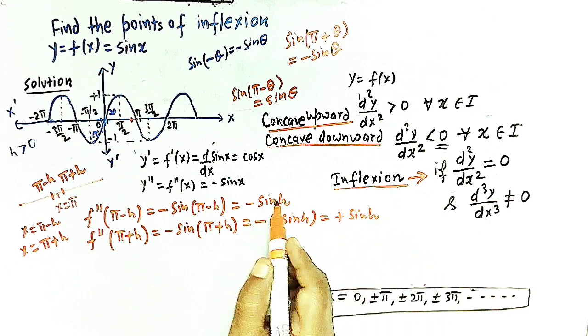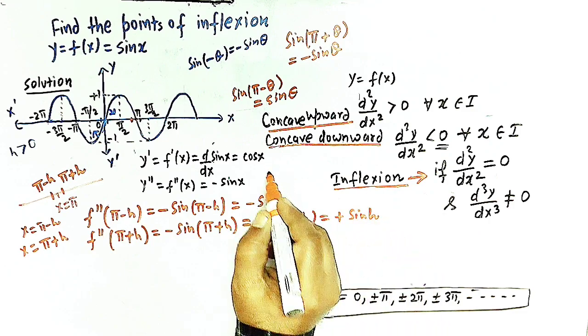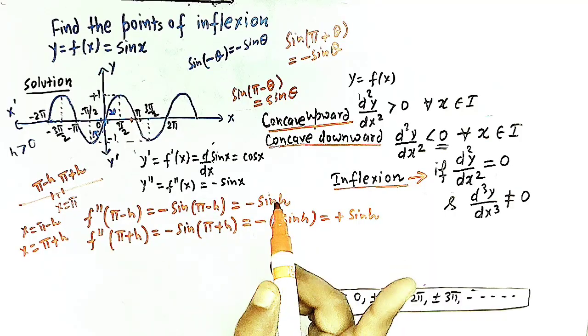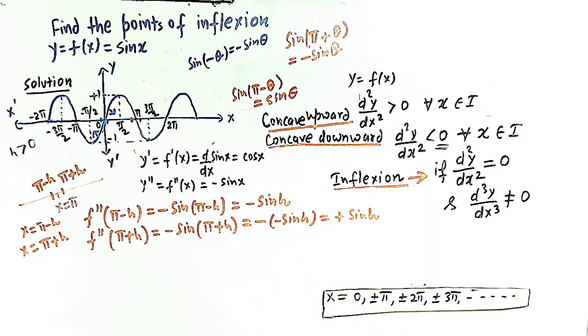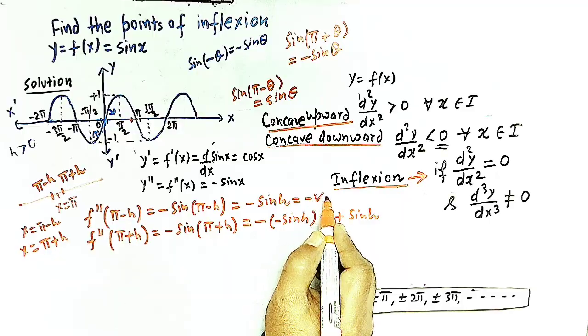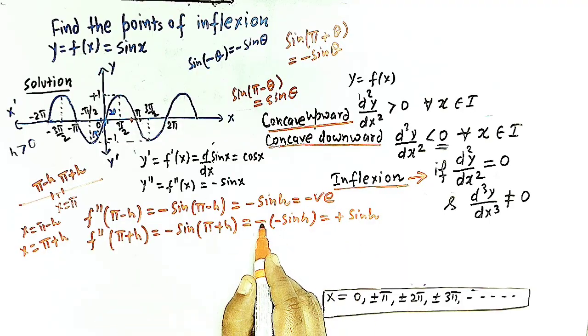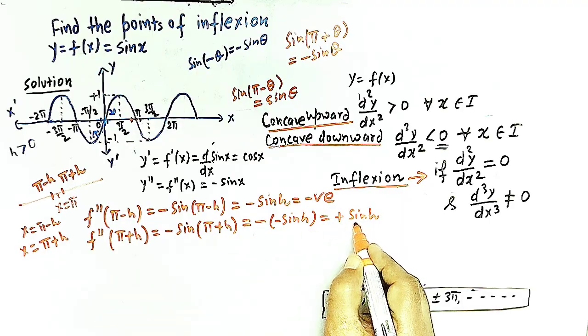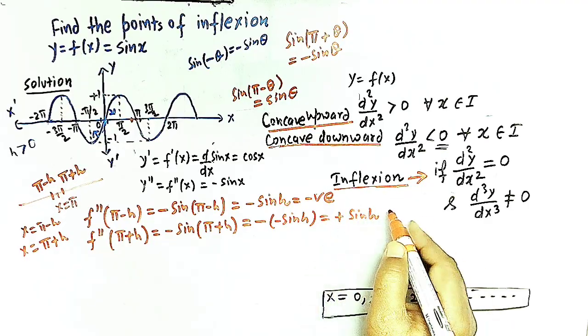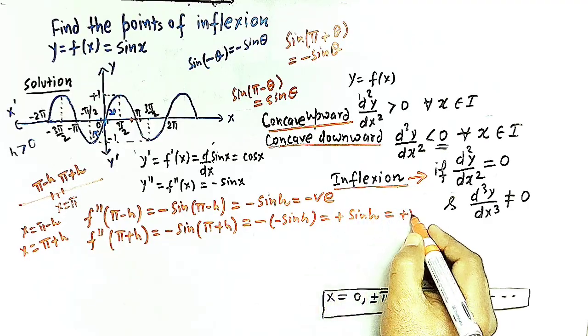And we know that sine h is greater than 0, that is, sine h is positive because h lies in the first quadrant, right? So sine h is positive, and here we have a negative, so this quantity is negative, right? And here we have positive sine h, and sine h is positive, so this entire quantity is positive.